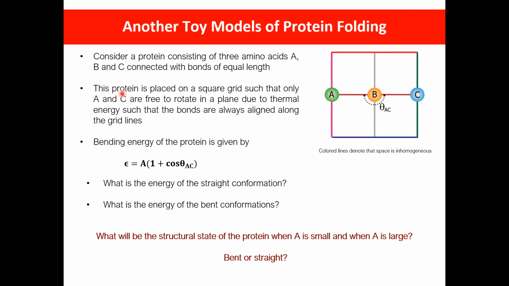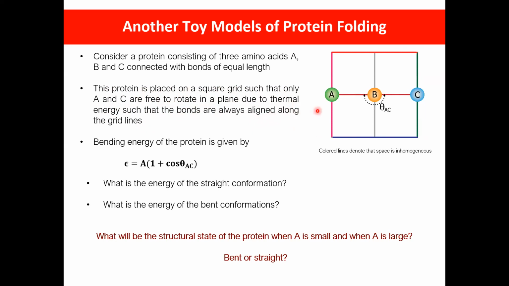So this protein is placed on a square grid such that only A and C are free to rotate in a plane due to thermal energy, such that bonds are always aligned along the grid lines. Okay.